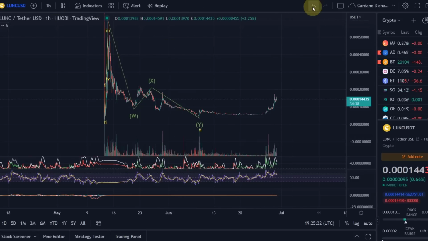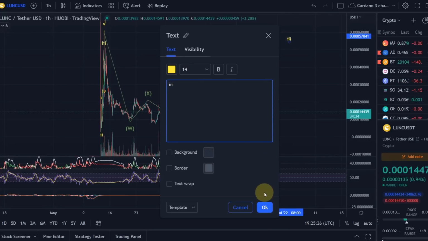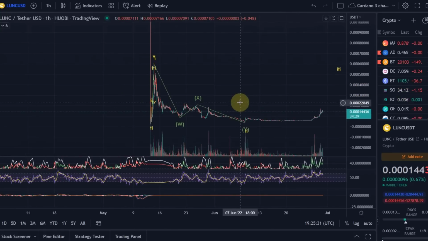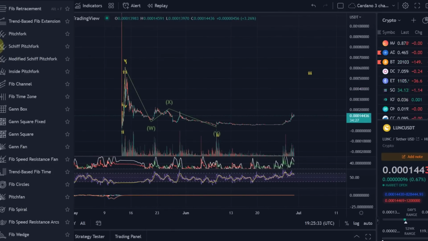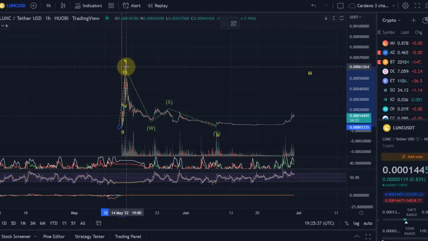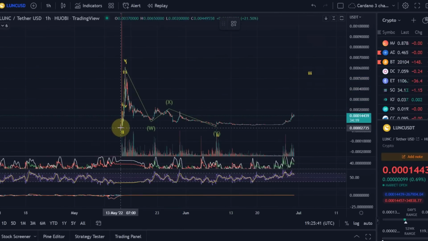Nope, not like that. And we can also calculate the length of the target that we need to reach to really create a wave 3. Oops.